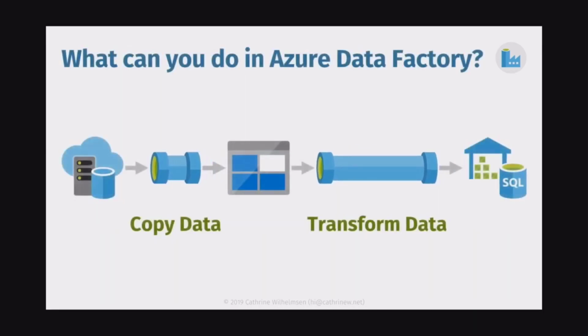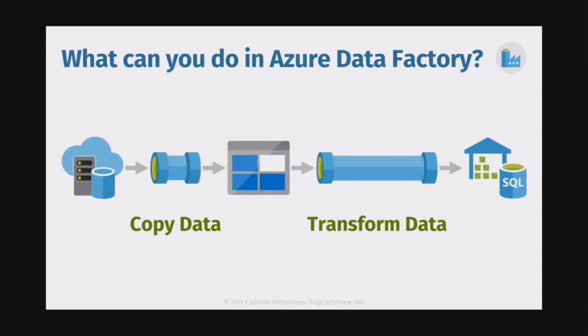So what can you do inside of Azure Data Factory, though? There are kind of two parts to it, the way I see it. The first one is where Azure Data Factory v1 kind of started with the copy data mindset or ingest data. There are like 14 different names for that thing. The thing is you're moving data from one location to another. So that has been a staple in ADF since it was released, and that's kind of the core component in Azure Data Factory today as well.